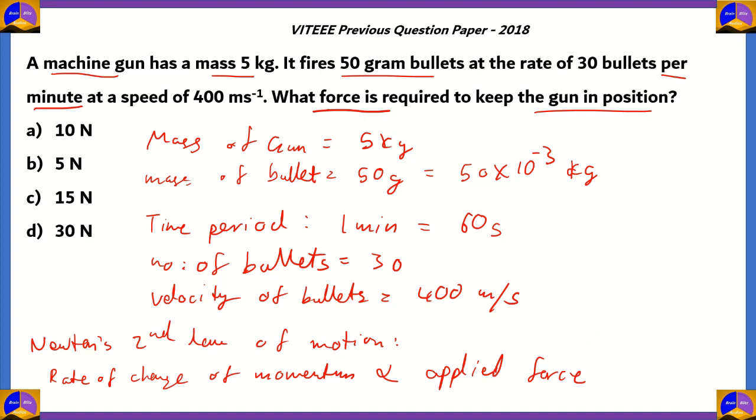That means the force applied on the number of bullets here will be equal to delta P divided by delta T. So delta P is P final minus P initial, divided by the time period t.